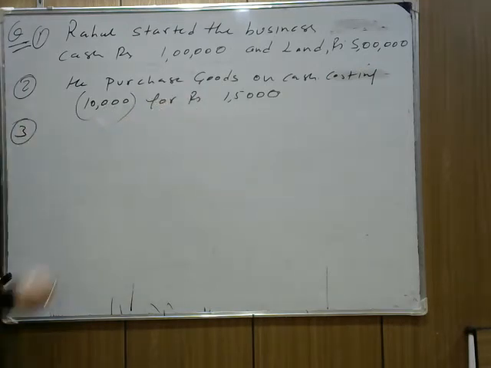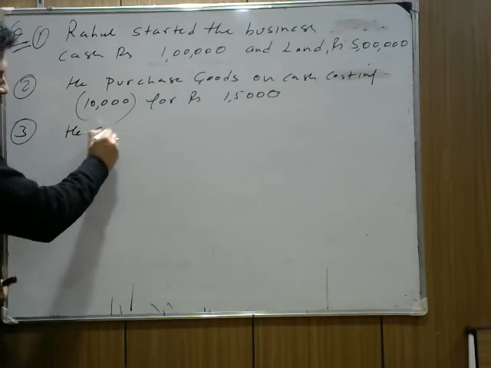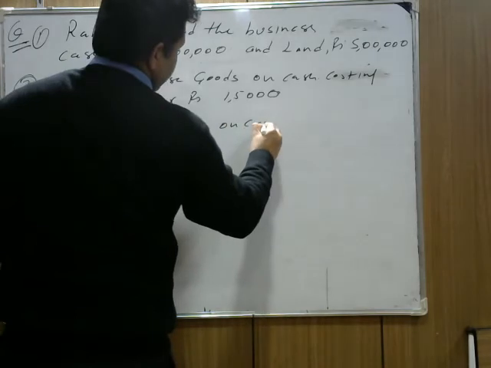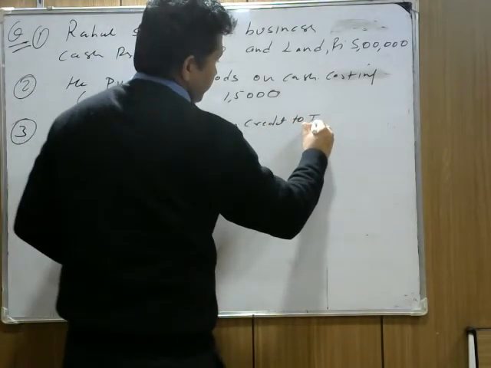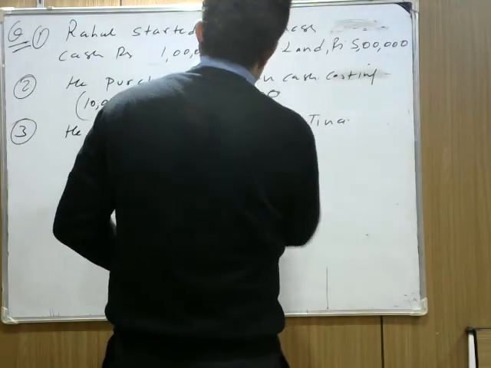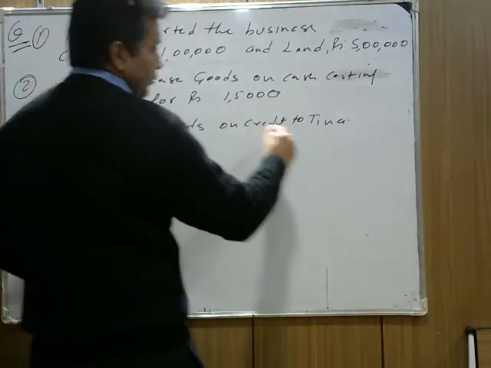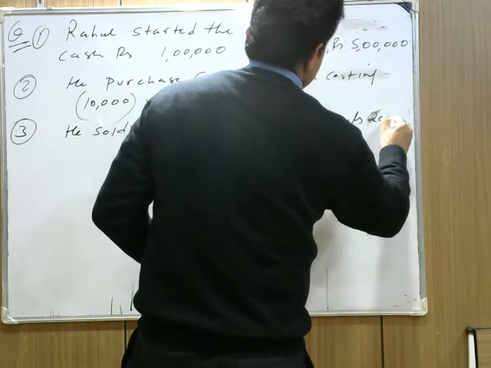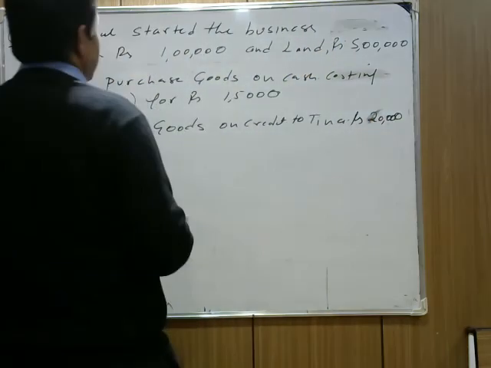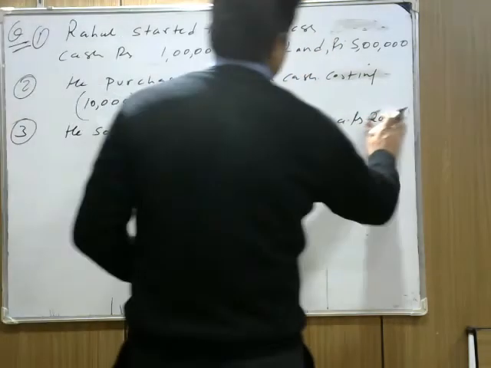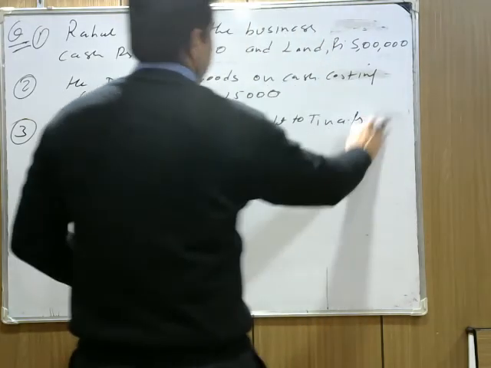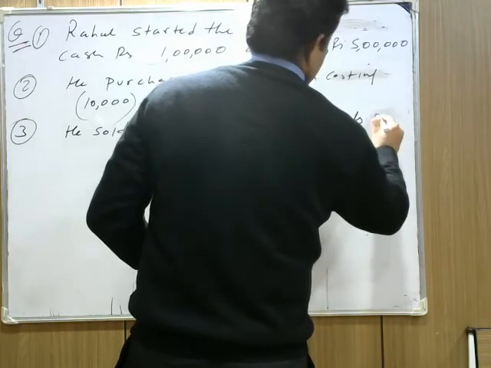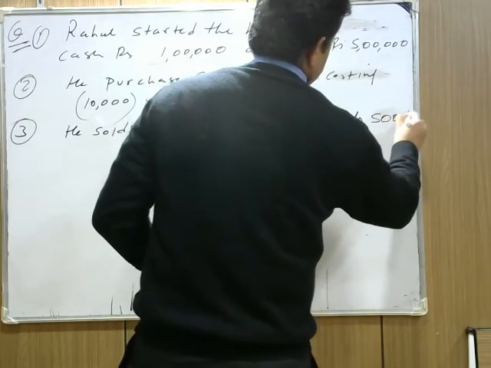Third part. He sold goods on credit to Tina, rupees 5,000.